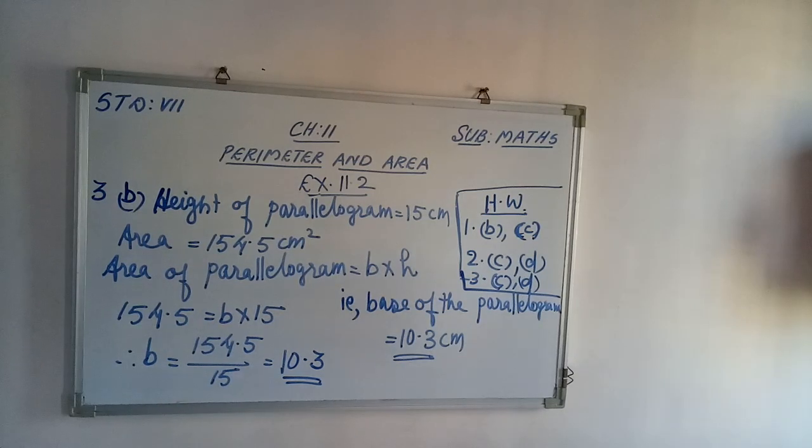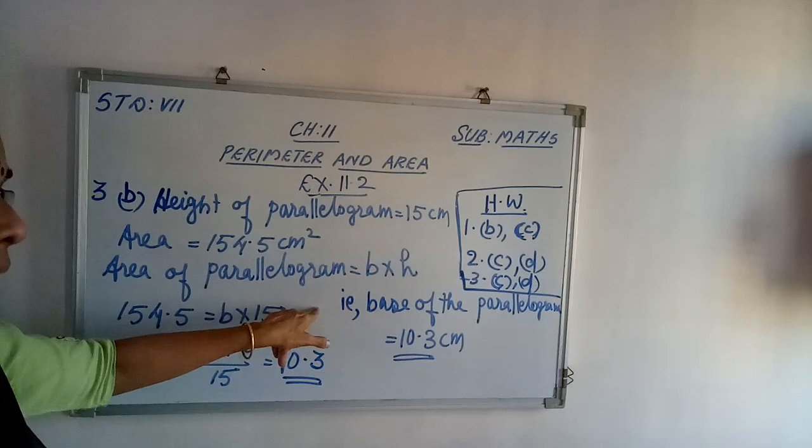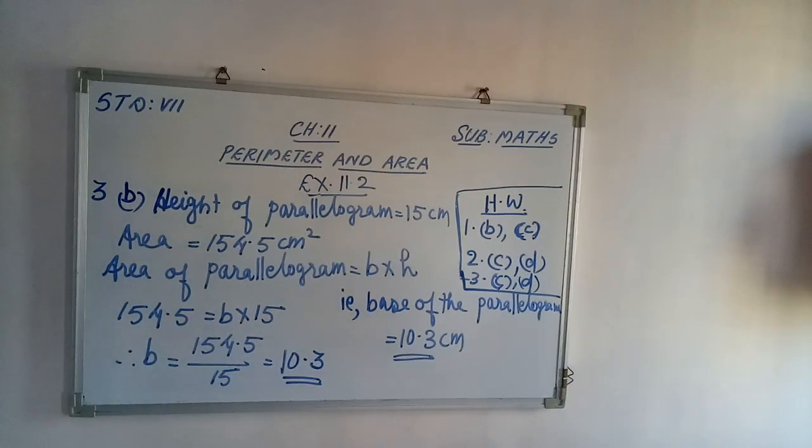I'll explain what is there in C. C, height given and area given. You have to find out the base. In question C also height and area given, find out the base. And in D, base and area given, you have to find out the height. Same as that of question 1.